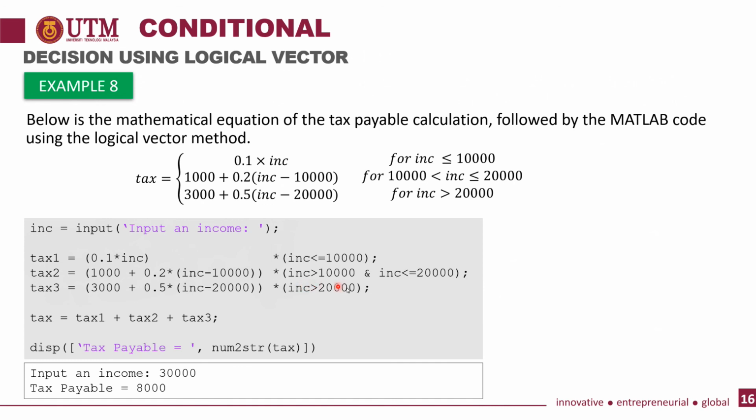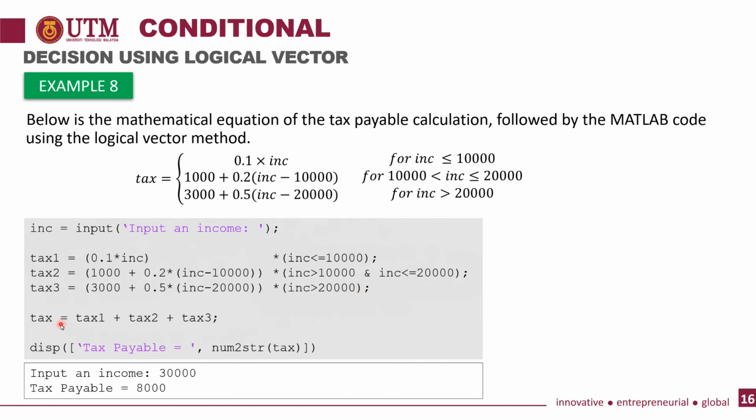But we have an additional element here, which is the logical vector. So tax1 will be multiplied by income less than or equal to $10,000, because the condition is valid only for income of less than or equal to $10,000. Similarly, tax2 is multiplied by income greater than $10,000 and income less than or equal to $20,000, and tax3 is multiplied by income which is greater than $20,000.